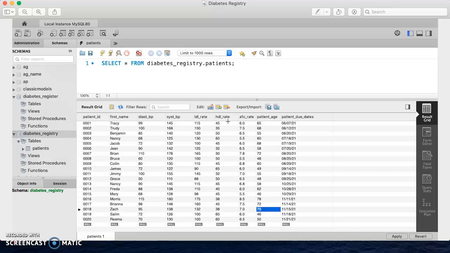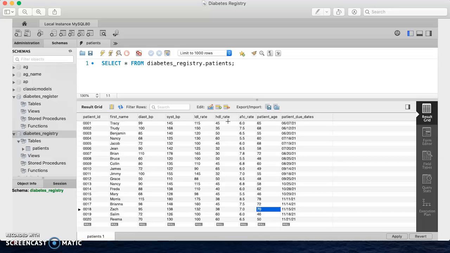Here they have diastolic blood pressure values and systolic blood pressure values, and some of the values are actually high that could cause end organ damage to some of these patients if not well taken care of or managed.